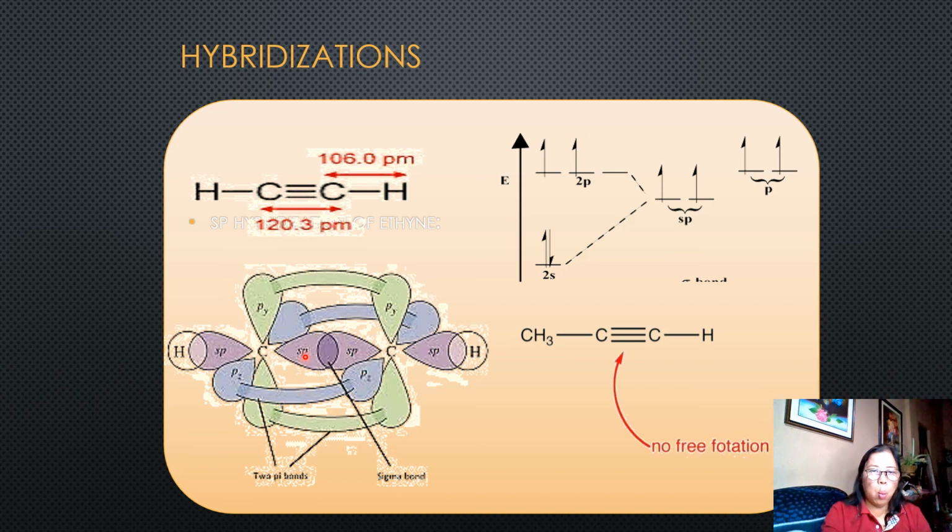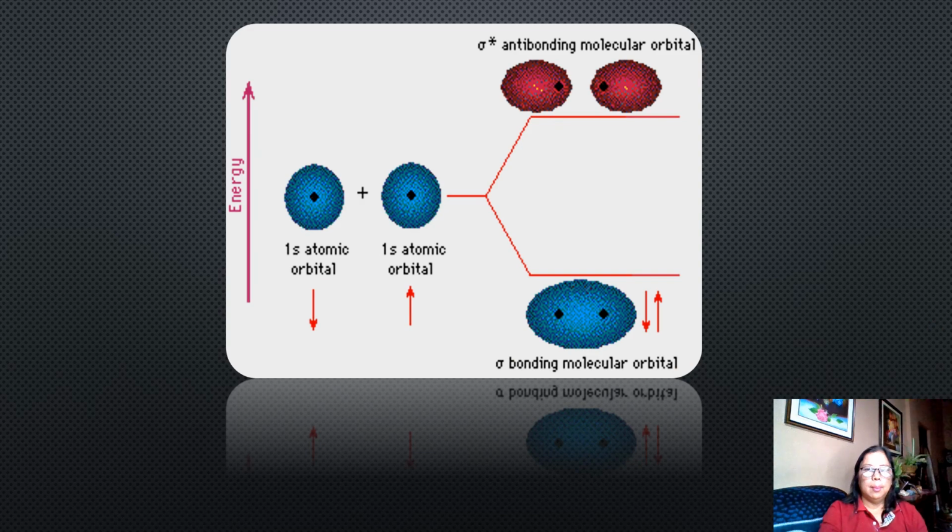So this is one bond, the violet, and the blue, that is another bond, and then the green, that is another bond, forming your two, or sorry, triple bond. The sigma bond is the antimolecular orbital.